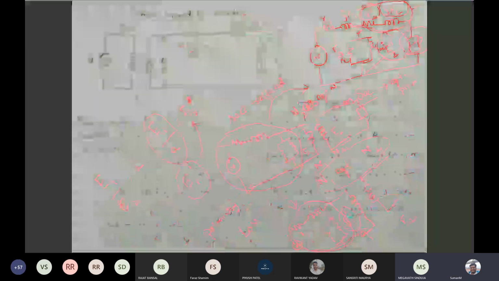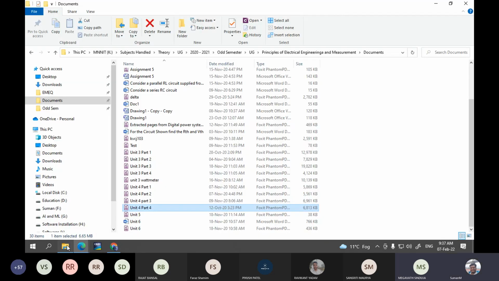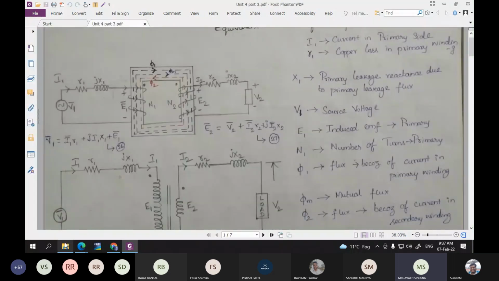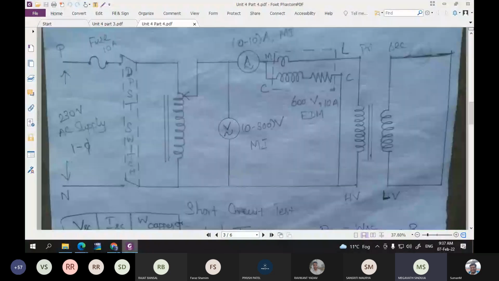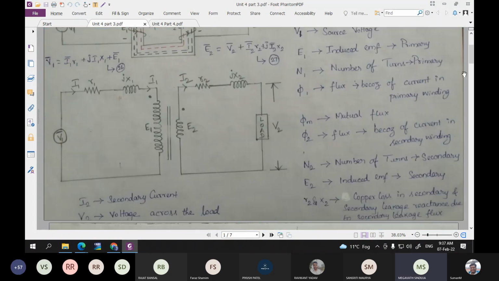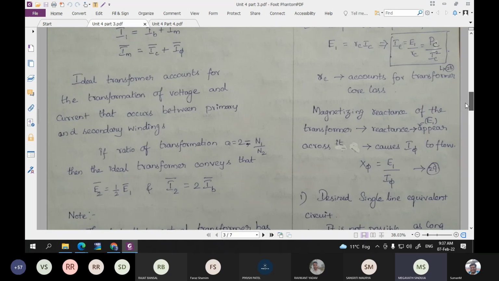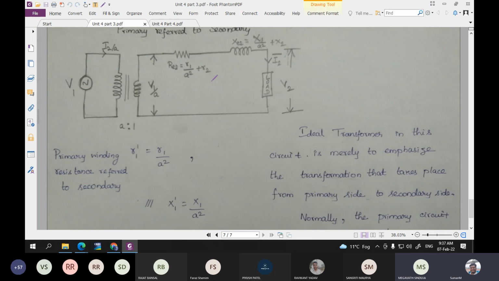So that will be referred to the secondary terminals. After we change the primary to primary referred to the secondary, we will be getting the elements like this.